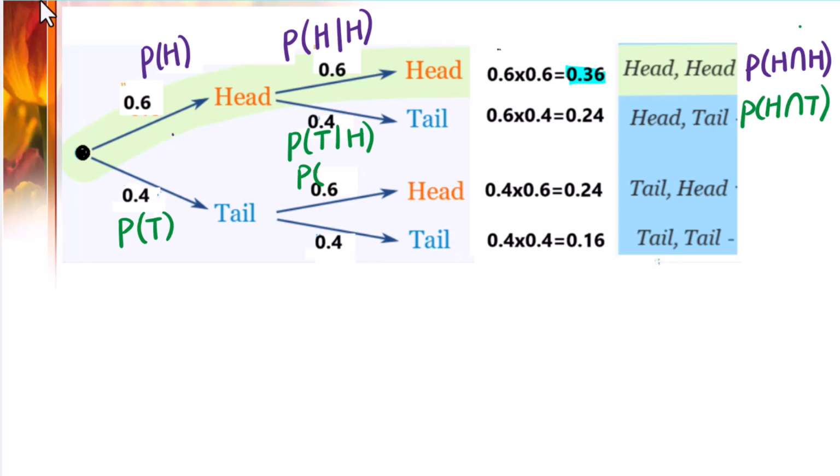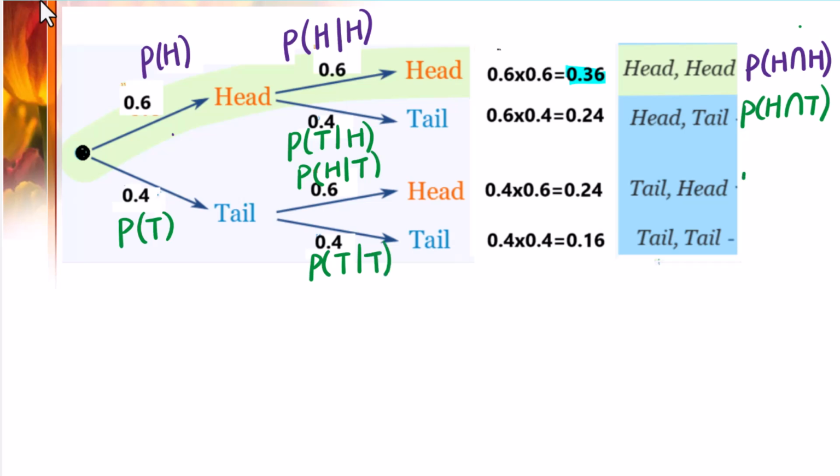This 0.6 means the probability of head given the first toss is tail. 0.4 means the probability of tail given the first toss is tail.